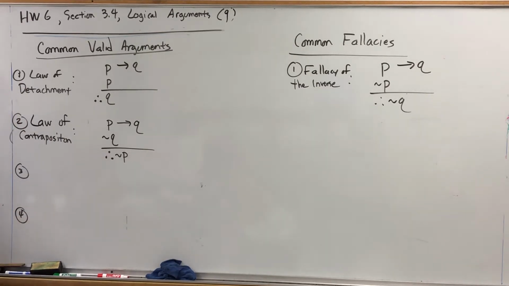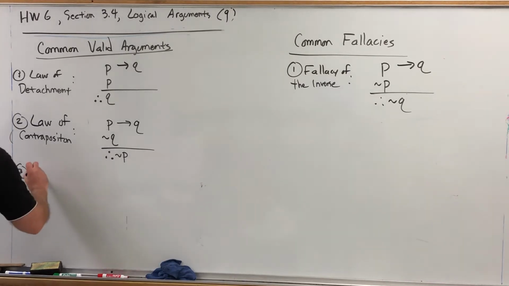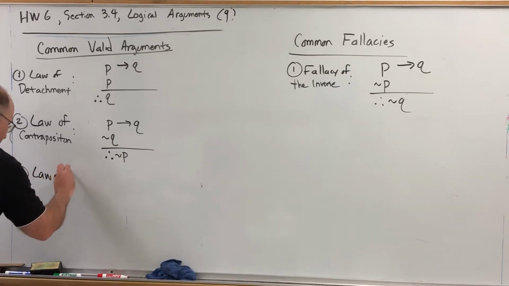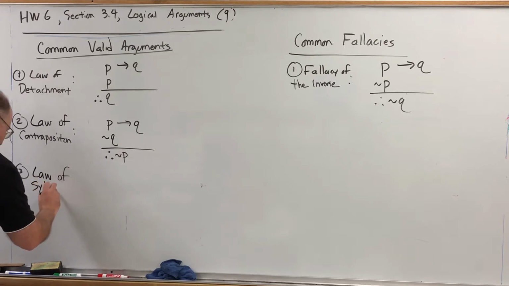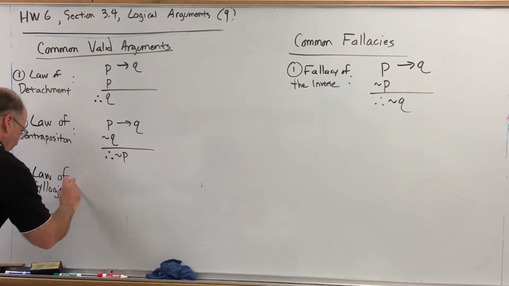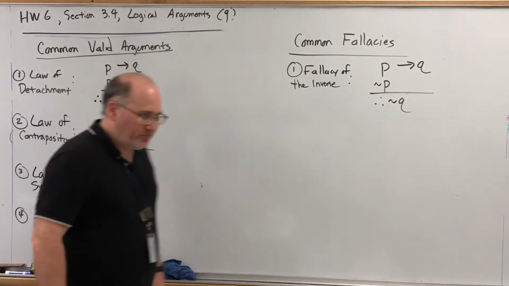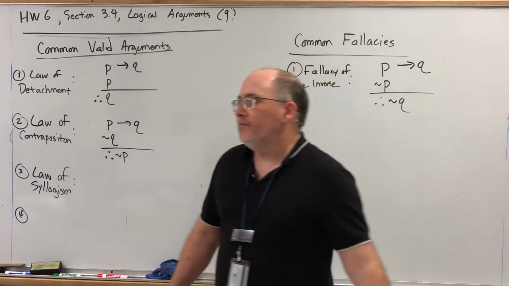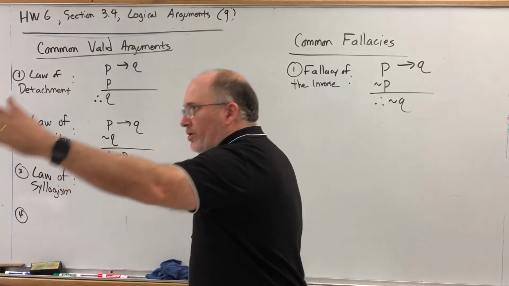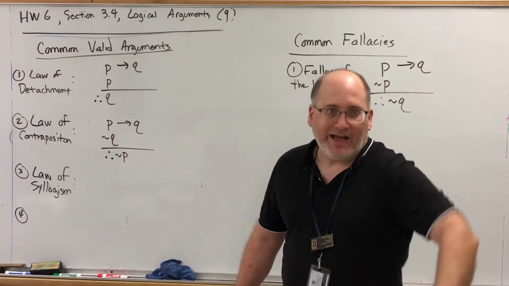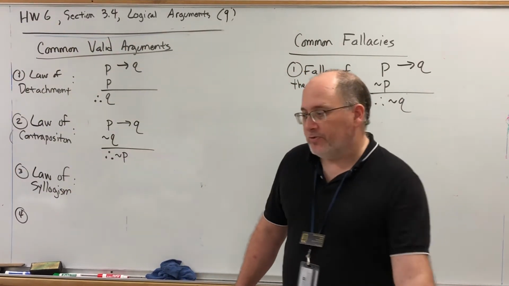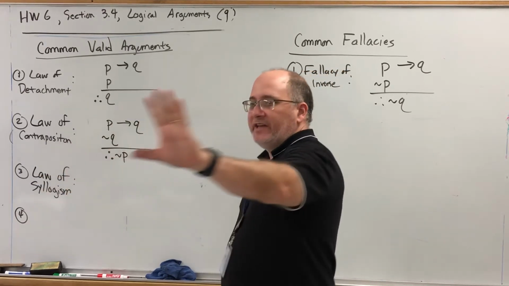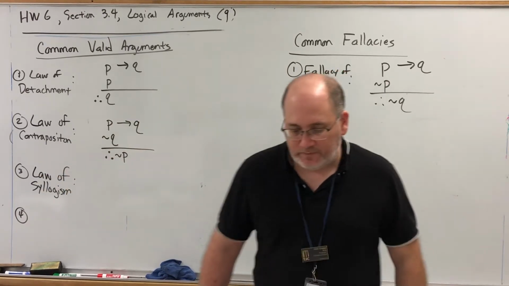The third common valid argument is called the Law of Syllogism. You kind of know what a syllogism is, and I'll prove it. Premise number 1, if you study hard, then you will pass the class. Premise number 2, if you pass the class, then you will make the dean's list.